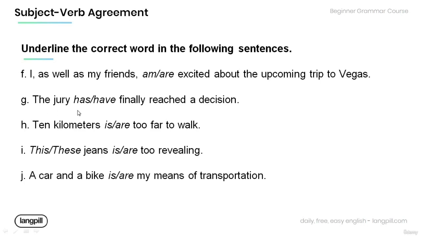G. The jury has or have finally reached a decision. H. 10 kilometers is or are too far to walk. I. This or these jeans is or are too revealing. J. A car and a bike is or are my means of transportation.